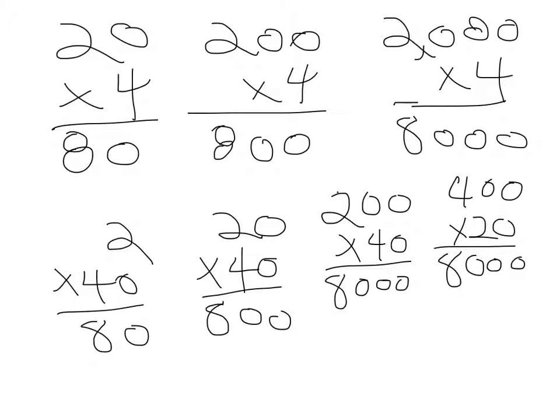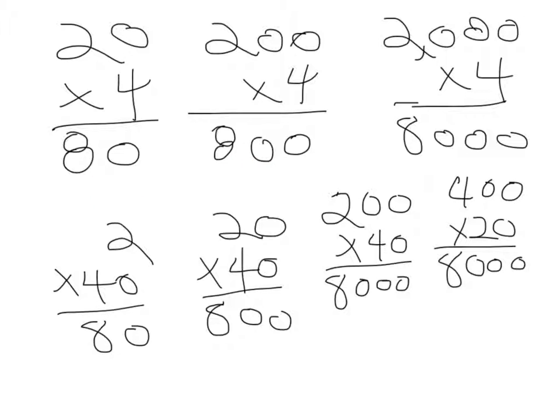Let's look at what patterns there might be in this. First off, in each of the numbers that I multiplied, my only numbers that were not 0 were 2 and 4. Every time I multiplied 2 times 4, I got 8. The only difference is how big the products ended up being.